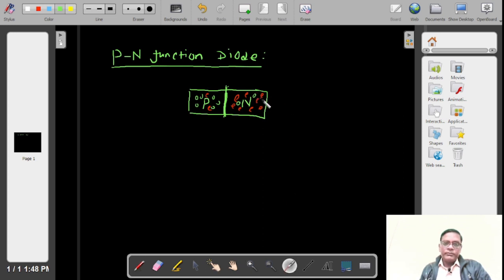Here we find a large number of electrons in the n side, and only a few electrons in the p-type material. So if we take this line as a reference, the left hand side has less concentration of electrons.